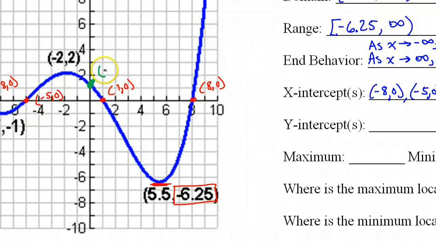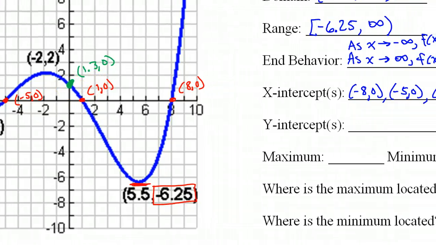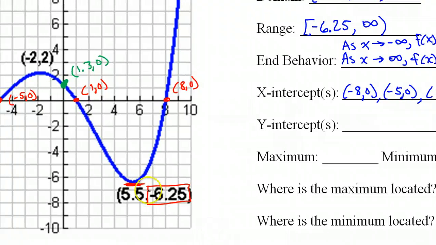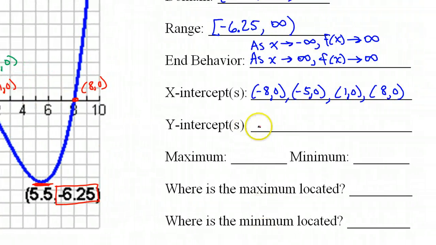So it's something like maybe 1.3 comma 0. I'm estimating, and I would give you anything between 1 and 1.5. So the y-intercept is approximately 0 comma 1.3.